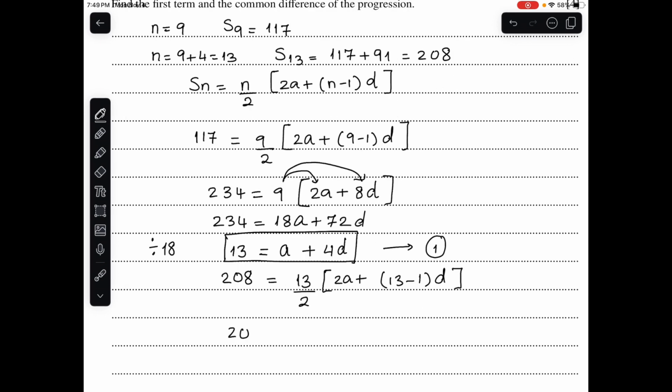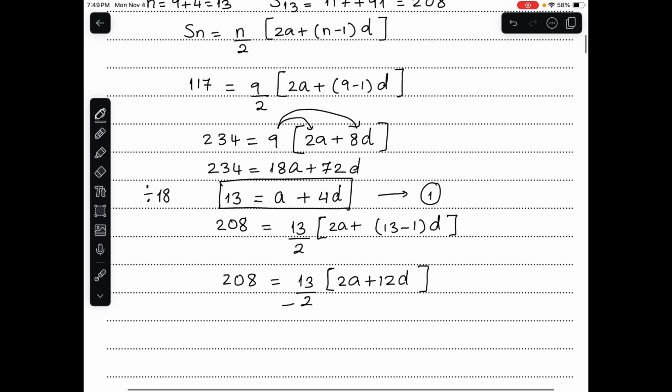Let us simplify that. 208 equal to 13 over 2 times (2a plus 12d). Multiply this 2 to the other side, so that is going to give me 416. 208 times 2 is 416 equal to 26a plus 13 times 12, which is 156d.